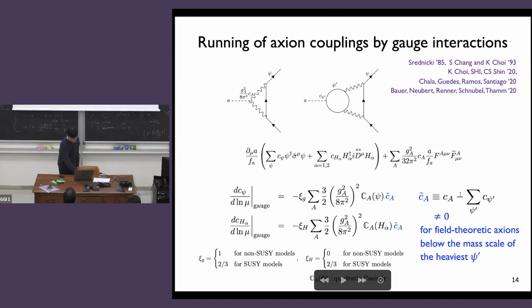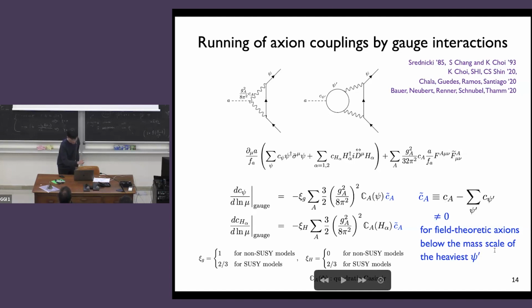For field theoretic axions, like the KSVZ type model or DFSZ type model, because the chiral anomaly coefficient has to be given by the sum of the associated Peccei-Quinn charged fermion fields, this vanishes at the scale of f_a, and becomes non-zero when the heaviest Peccei-Quinn charged fermion is integrated out.